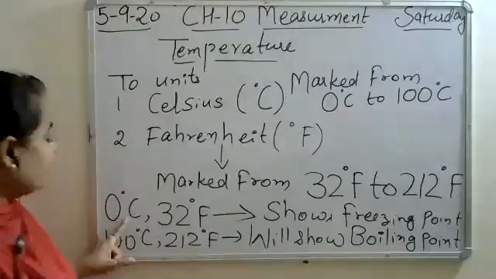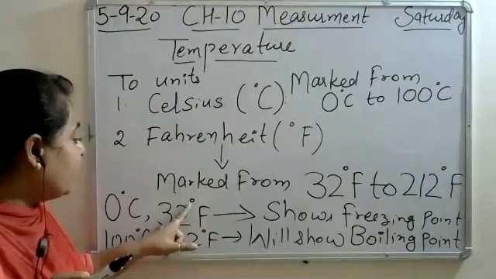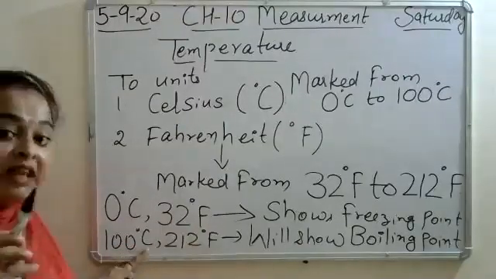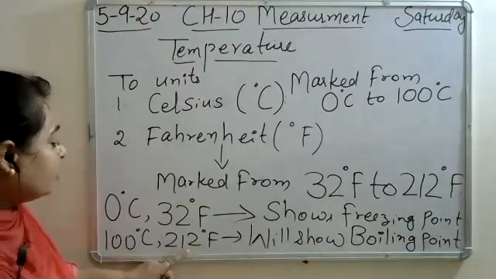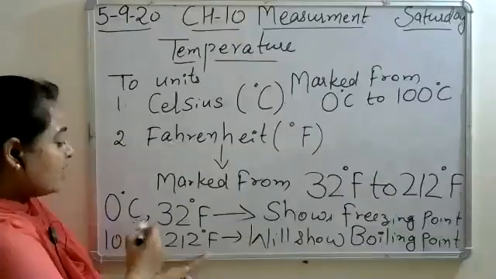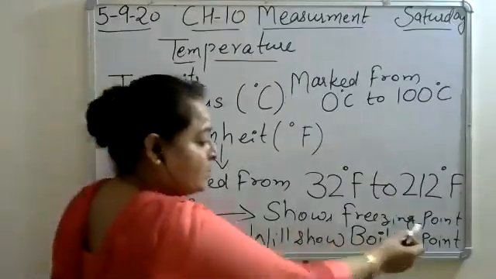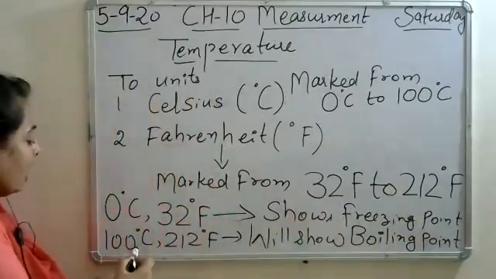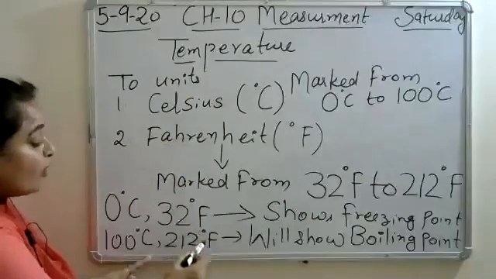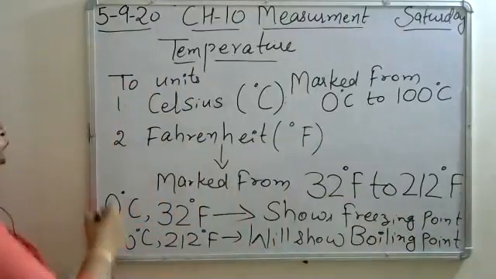So 0 degree Celsius is same as 32 degree Fahrenheit. 100 degree Celsius is same as 212 degree Fahrenheit. So 0 degree Celsius and 32 degree Fahrenheit show freezing point, and 100 degree Celsius and 212 degree Fahrenheit will show boiling point. So note down all the concepts.